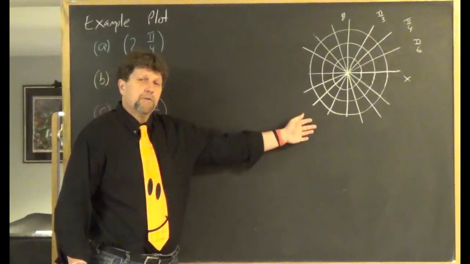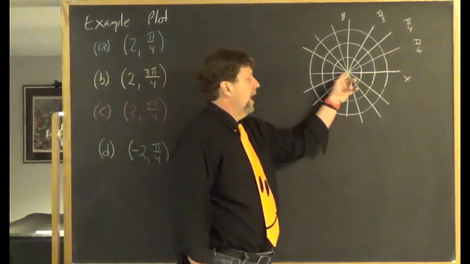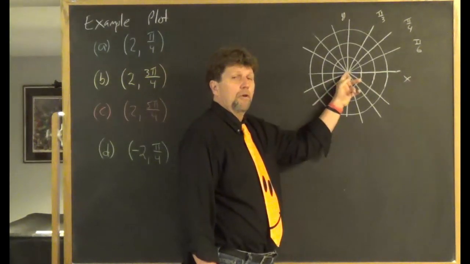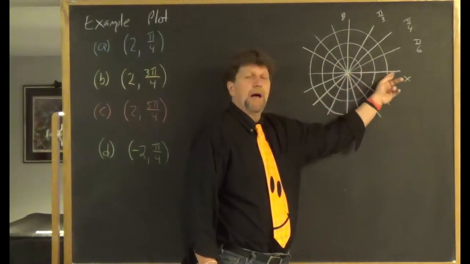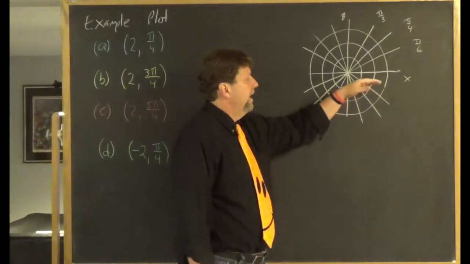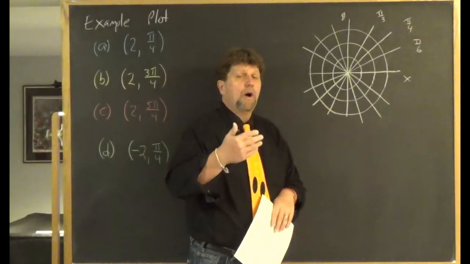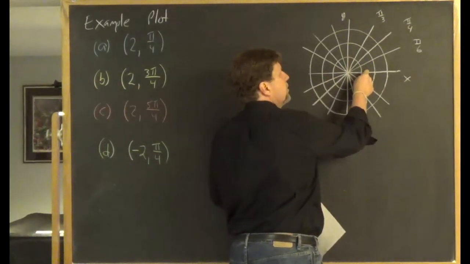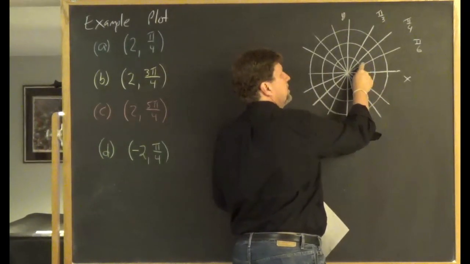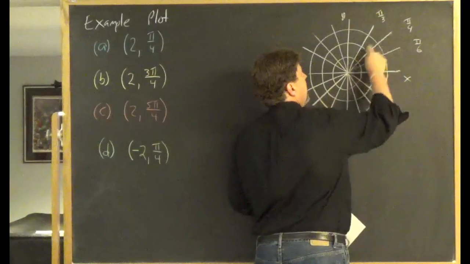So I did my best to draw a polar coordinate system. And remember, we superimpose it on top of the familiar XY plane. So the polar axis, we put the pole at the origin, and the polar axis starts off on the positive x-axis. And then, I've just labeled those familiar angles in quadrant 1. So these are the radial lines that I was talking about. So if my polar axis rotates up to here, that's pi over 6. To here, it's pi over 4.